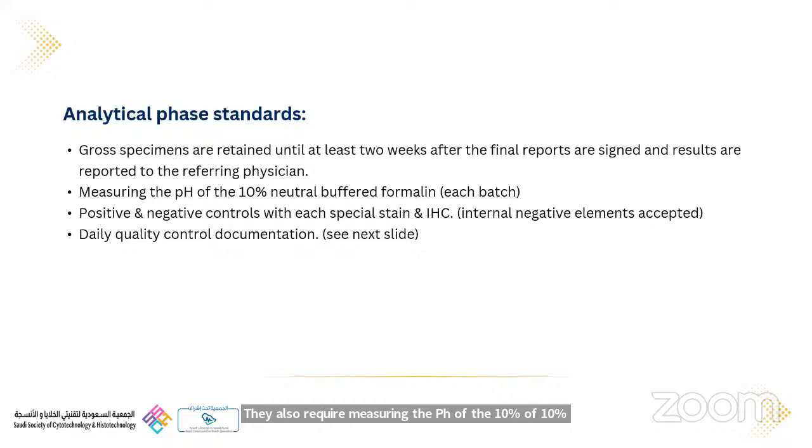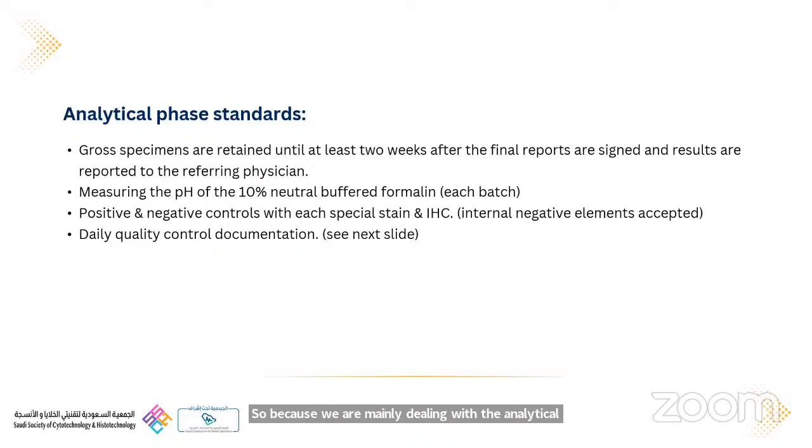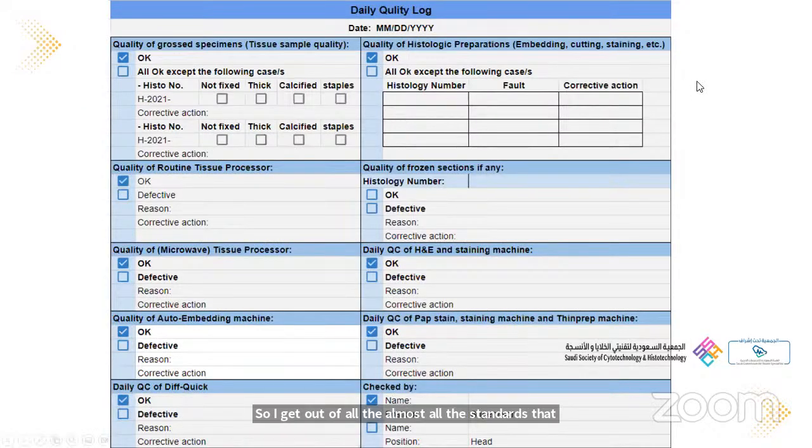Positive and negative control with each special stain and immunohistochemistry, and of course internal negative elements are accepted, and daily quality control documentation. So because we are mainly dealing with the analytical phase in histology, I gathered almost all the standards that are required in the analytical phase and put them on this table. For example, this starts as a daily quality log, and then you write the date.